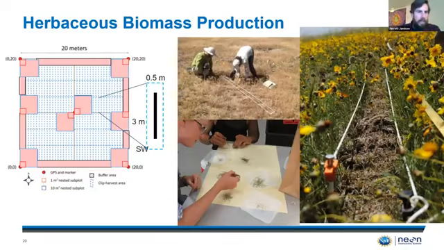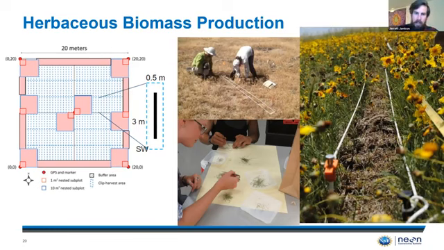So here on the left, you can see the arrangement of our sampling cells that we randomly sample for this protocol, with our exclusion zones in red there, which are just a 1 meter buffer around the edge of the plot, as well as our nested subplots that are used for more sensitive sampling like plant diversity and vegetation structure.